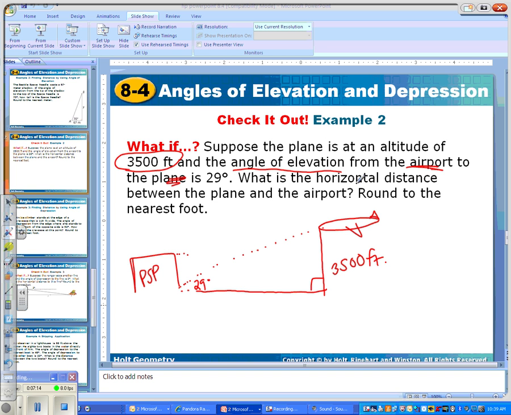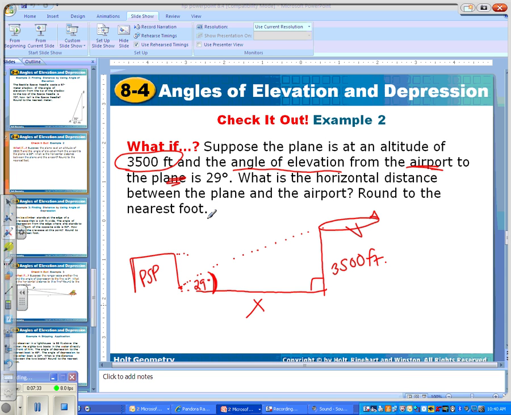Angle of elevation is always above the horizontal line, which is the parallel one. We want to figure out how far away that plane is before it lands at Palm Springs.